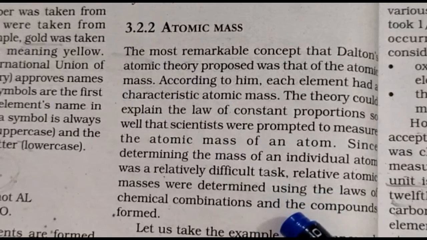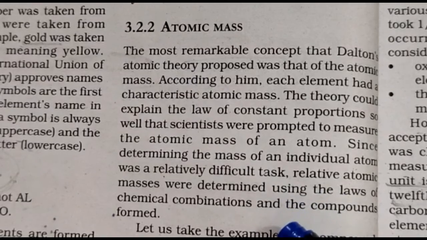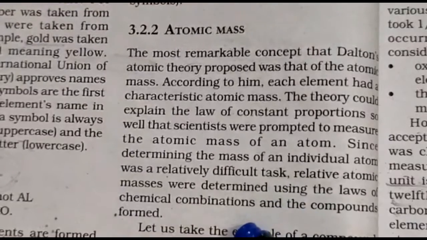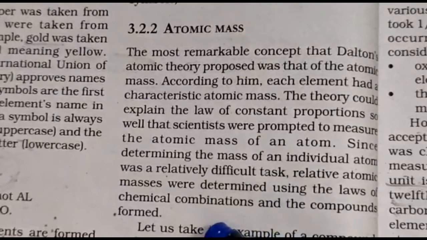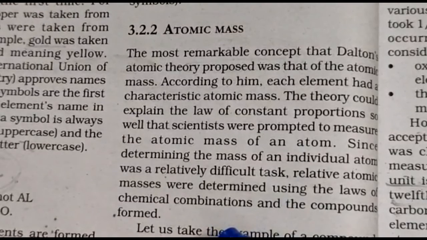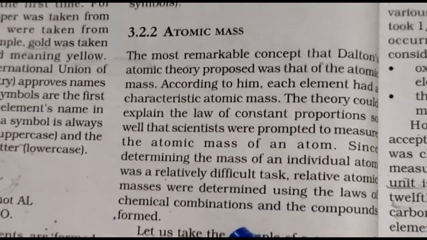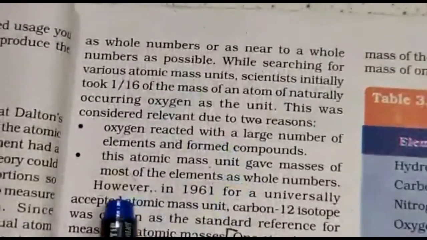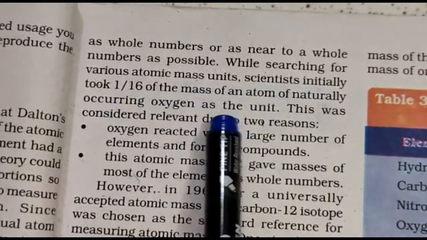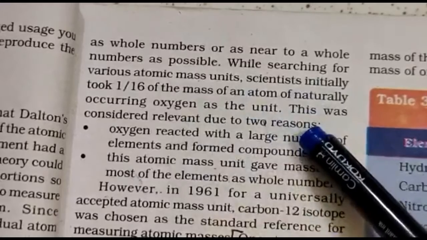And how did they calculate relative atomic masses? By using the laws of chemical combination and the compounds formed. Okay, so in this regard, first they chose oxygen as a standard. So initially oxygen was chosen as a standard.